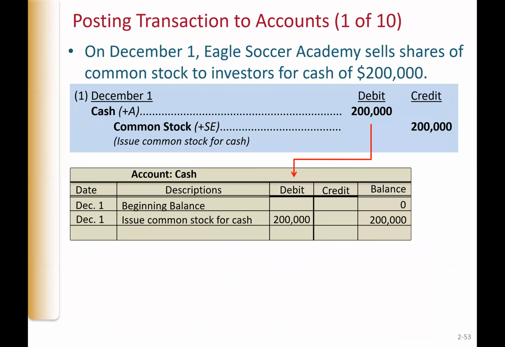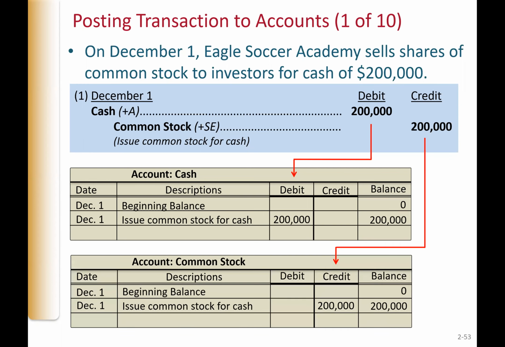So you see here, this transaction, the journal entry where we sold shares of common stock to investors for cash of $200,000. We take that cash transaction right here and we post it to the cash account. So we debit that transaction, cash, into the cash account, general ledger, to show the new balance. And we do the same thing with our common stock.